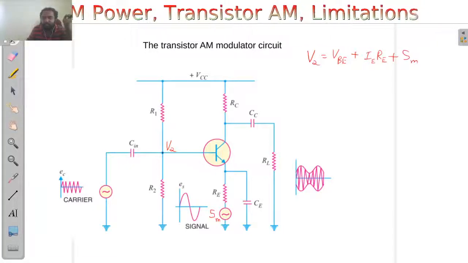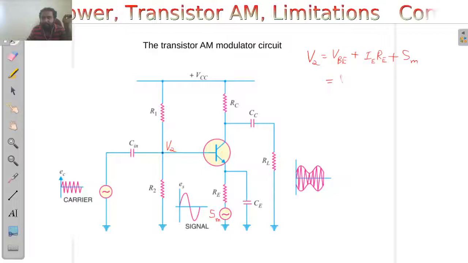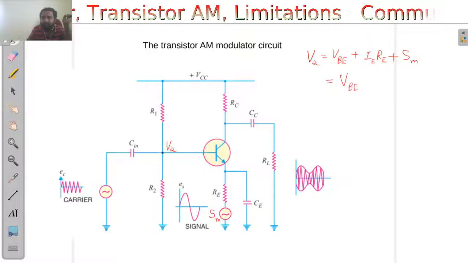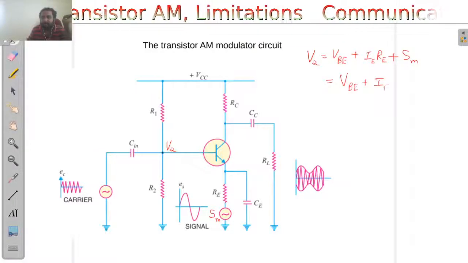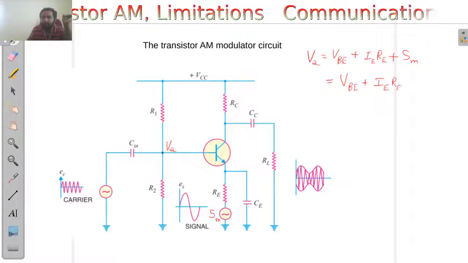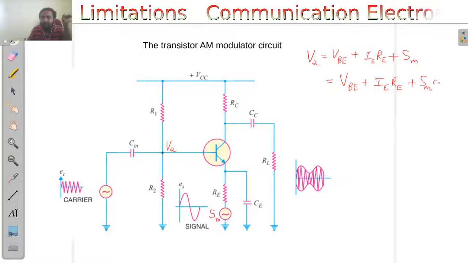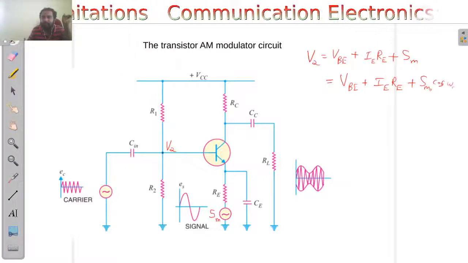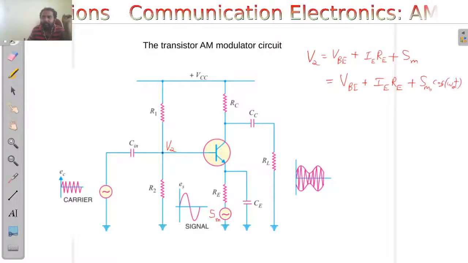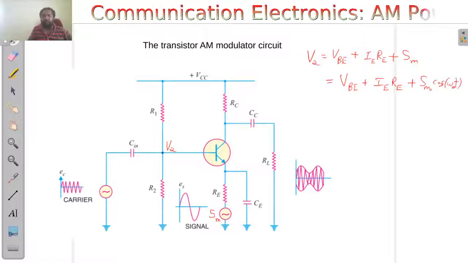And what is SM? When you substitute our definition for SM, it is SM0 cos omega mt. So this is our definition for SM.